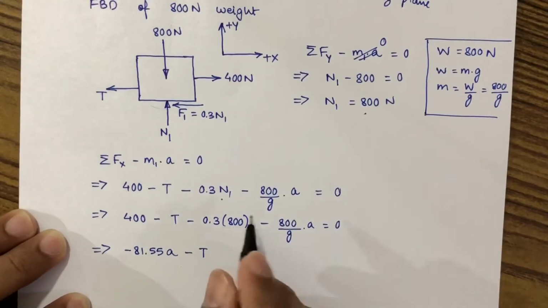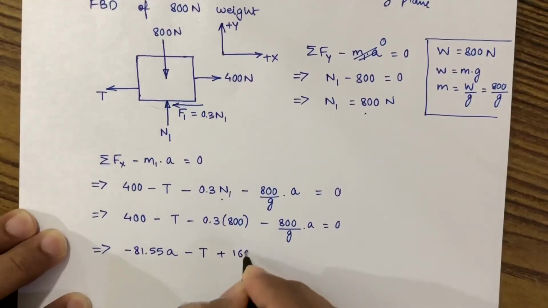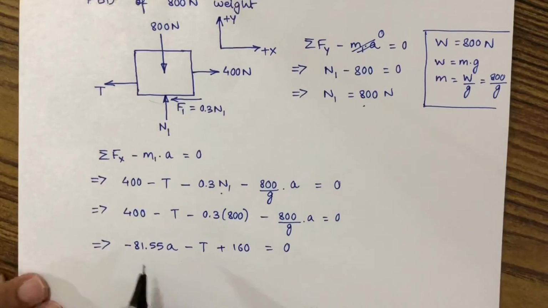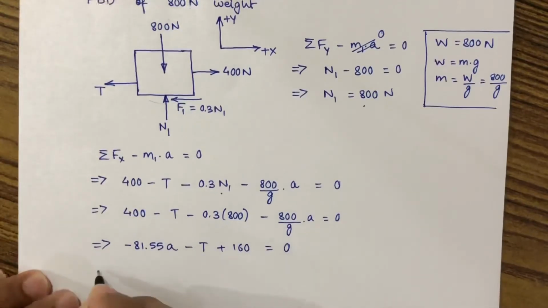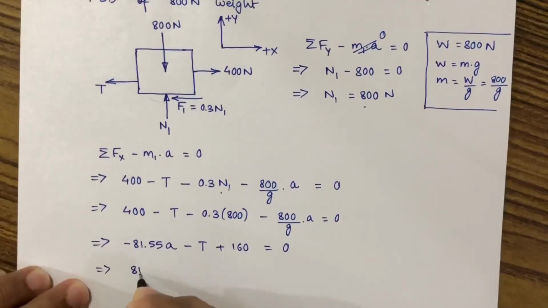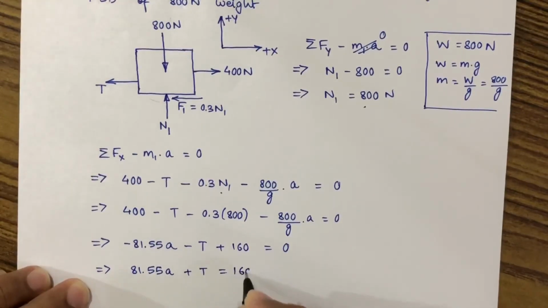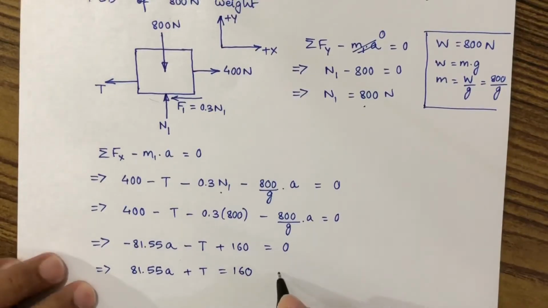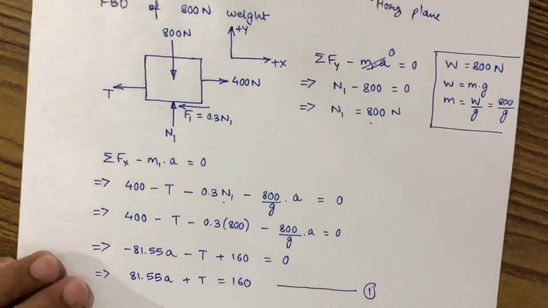So this comes out to plus 160 is equal to 0. Now if we send these two to the other side, we will get 81.55a plus T is equal to 160. So let us say that this is equation 1.